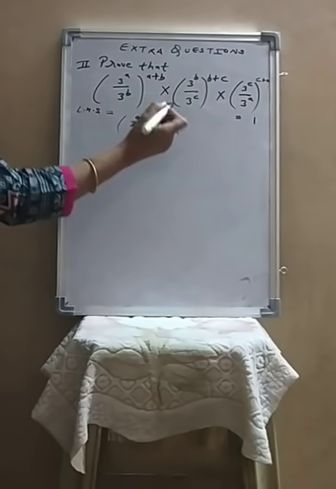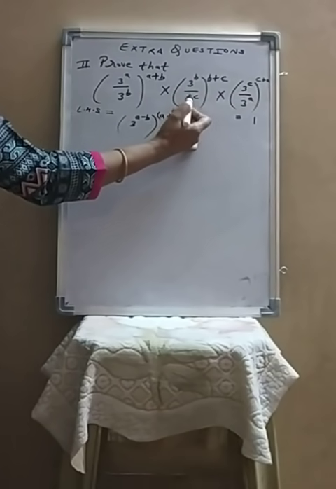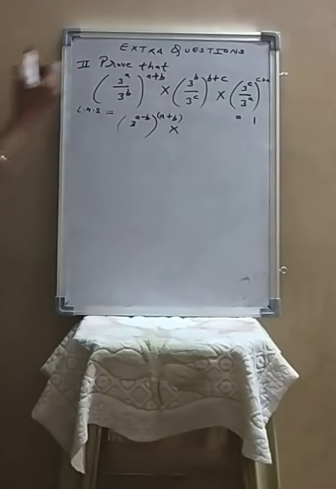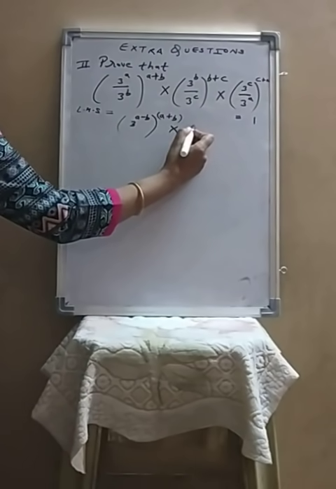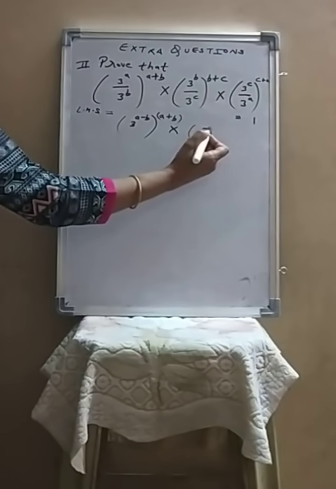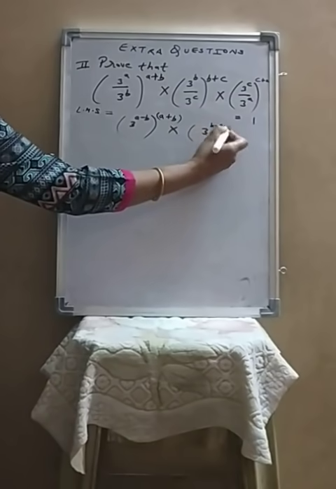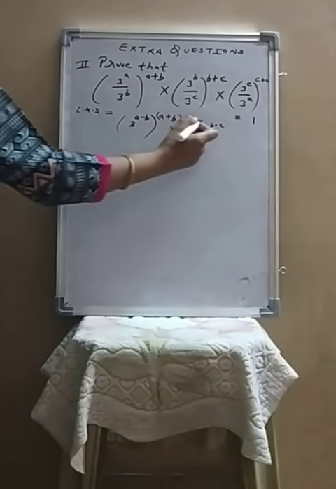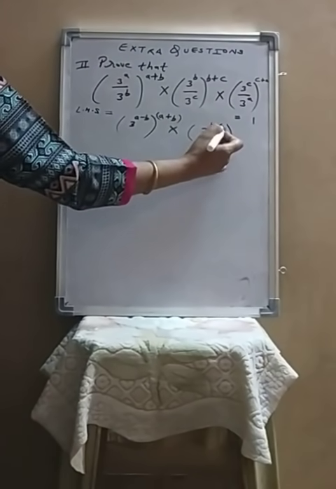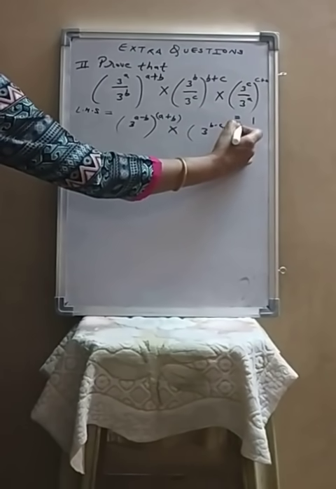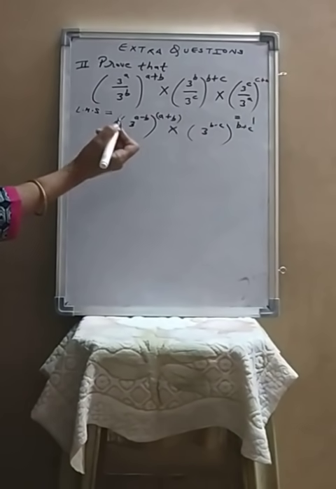Similarly, children, here also you can see that the bases are same, numbers are in division, same law can be applied again. So here we have 3 raised to the power b minus c inside the bracket, and outside we have the second power b plus c.